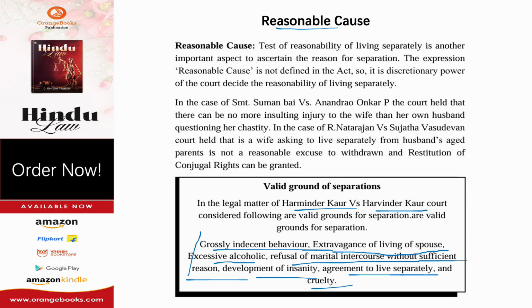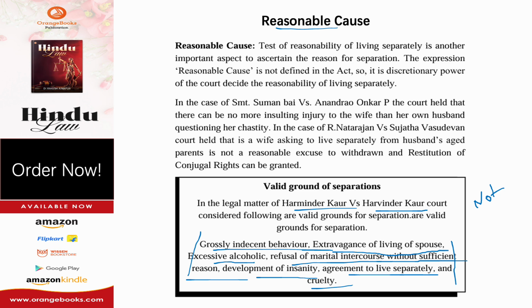These are all valid grounds for separation. If a person is living separately without any one of these reasons, then the court will consider it not a valid separation. So they may give a decree for restitution of conjugal rights.